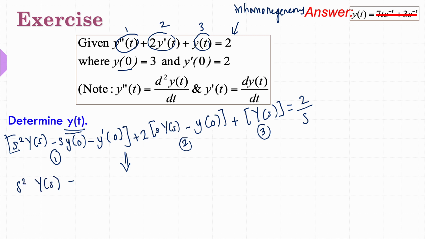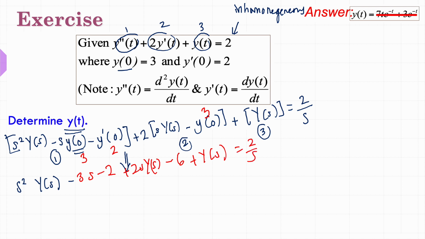So you just need to replace the value of this, which equals 3, and the value of this, which equals 2. Sorry, this equals 3, right? Therefore it will become minus 3s minus 2 plus 2sY(s), minus 6 plus Y(s) equals 2 over s.